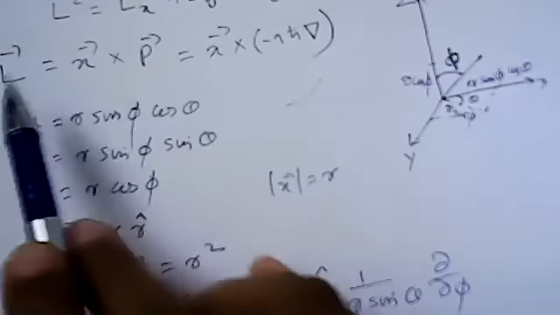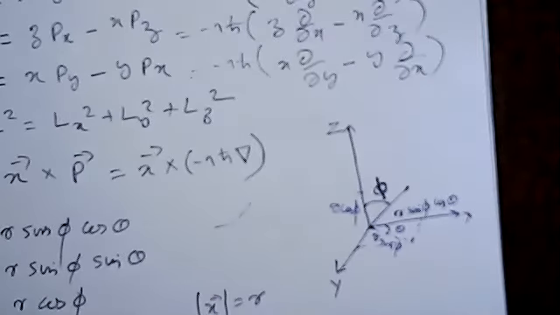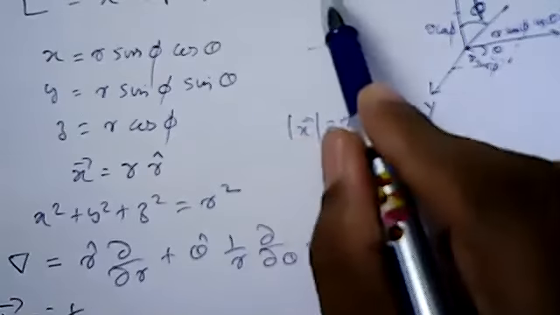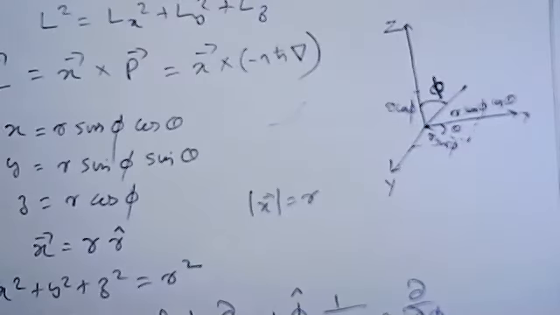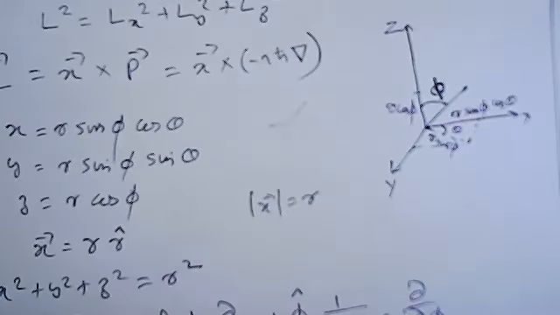So vector L is minus iħ, then x cross del. Then x is this one, r into unit vector r, and del is this one.